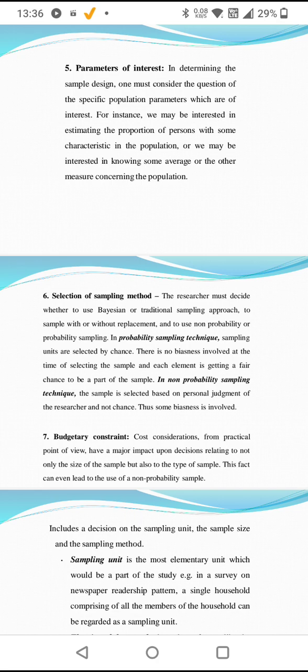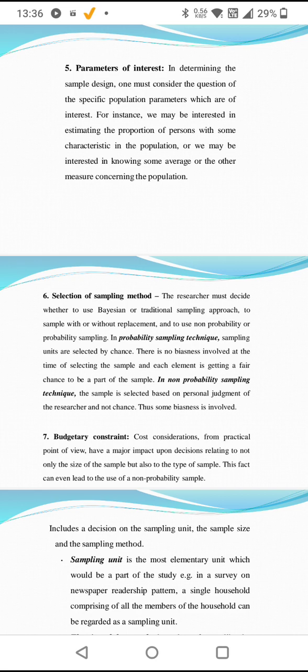And then he must select the design which, for a given sample size and for a given cost, has a smaller sampling error. He has to look into the error which might occur during the sampling process also. And the last step will be the budgetary constraint, like cost considerations. From a practical point of view, cost has a major impact upon decisions relating to not only the size of the sample but also the type of the sample.